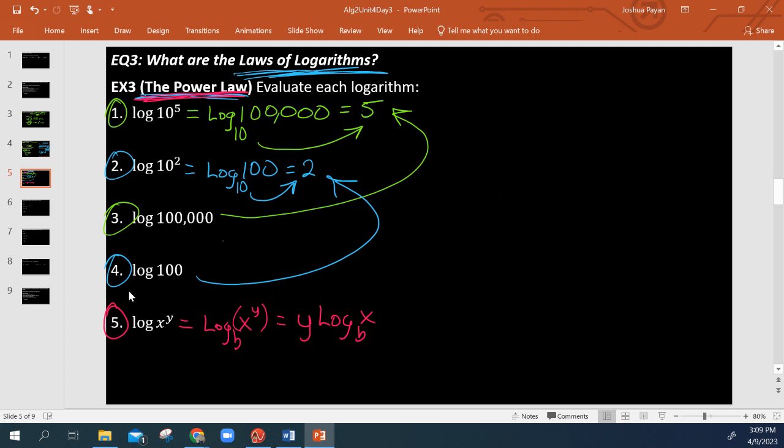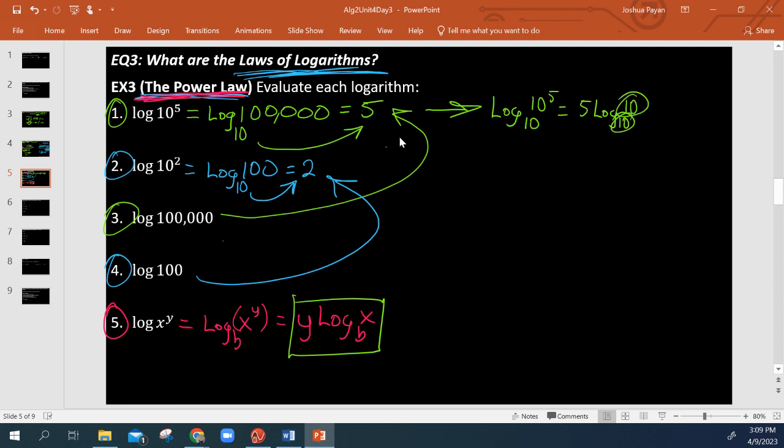So for example, let's look at this again. I have log base 10 of 10 to the fifth power. According to this, I can rewrite it as 5 times log base 10 of just 10. Well, 10 to what power gives me 10?